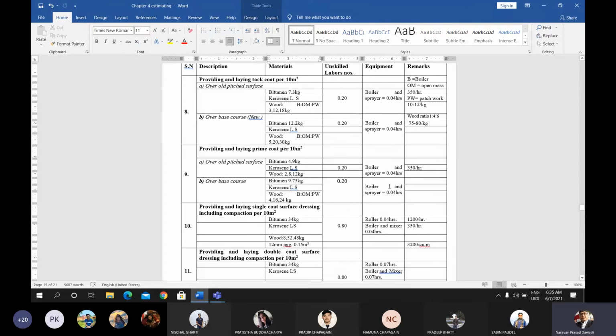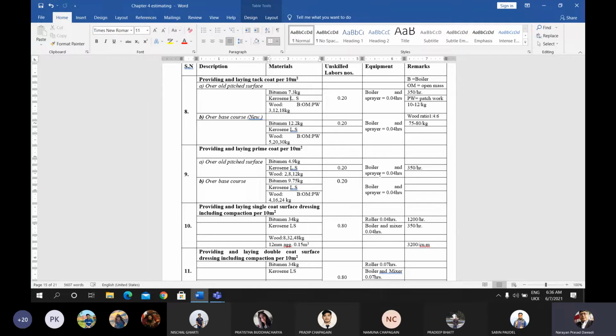Now for 9, providing and laying prime coat. This is also a coat, an application of bitumen over the base course and over the old pitch surface. Before laying the tack coat, the prime coat is applied.